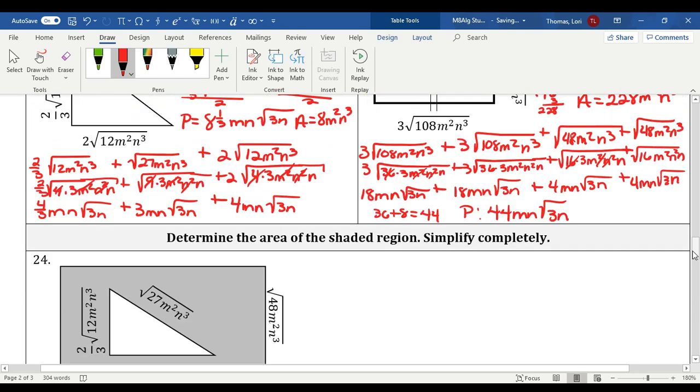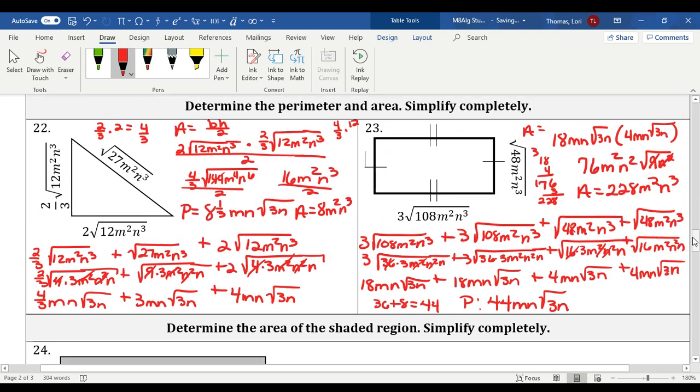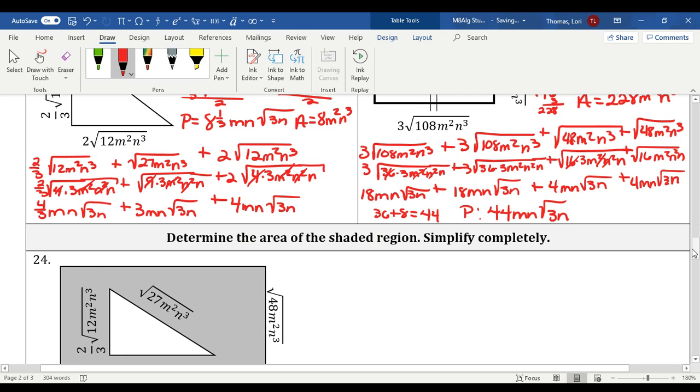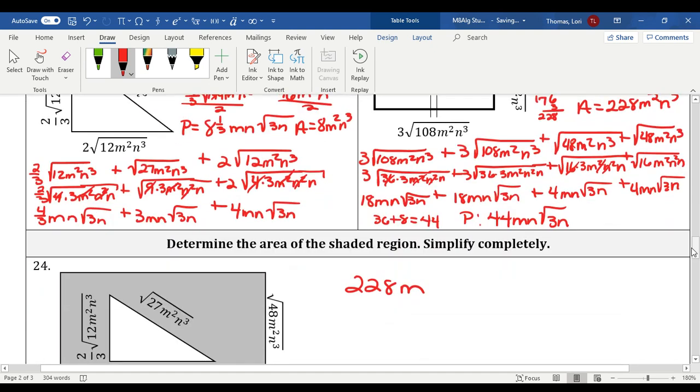So we have the area from the rectangle above was, we said, 228 m squared into the third minus the area 8 m squared into the third. So we have a like variable, so we can subtract, and when we do, we get 220 m squared into the third. So that wasn't so bad because we had already done all the work.